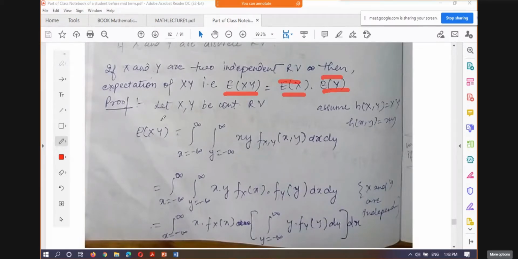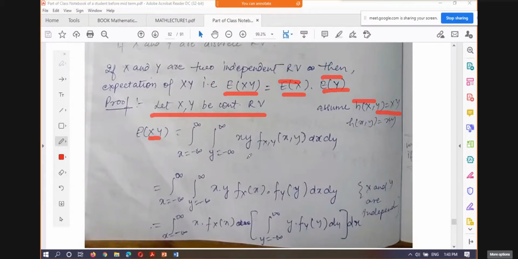We will prove this assuming x and y are continuous random variables. We can think of xy as h of x, y, a function of two random variables defined as h(X, Y) = x into y.